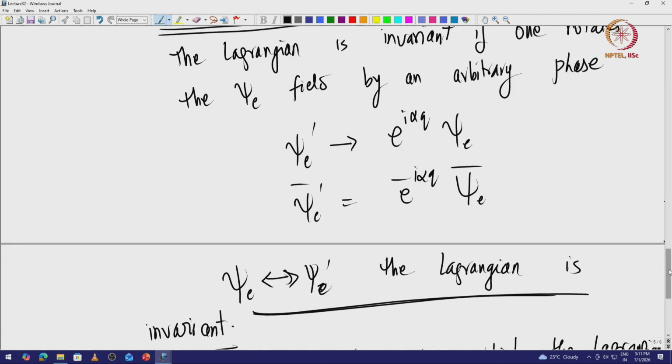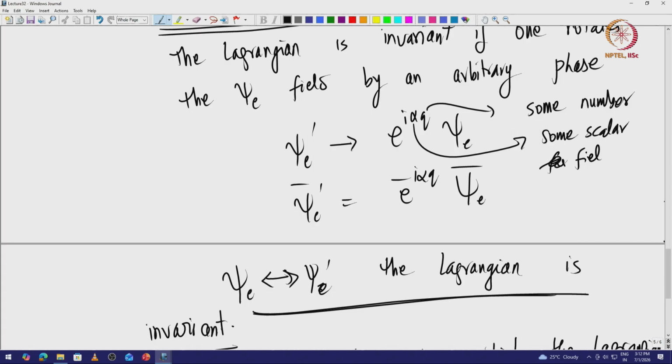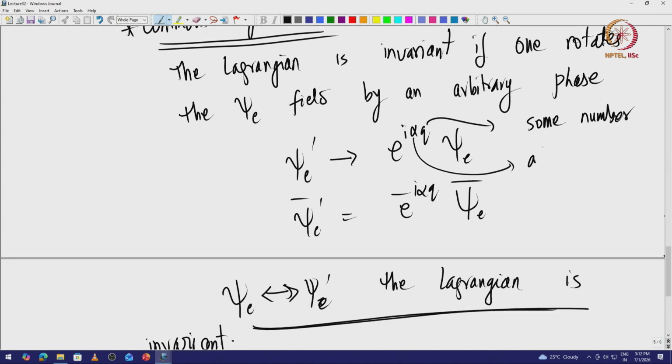Now you remember this alpha is not a scalar field, this is some number, an arbitrary parameter.